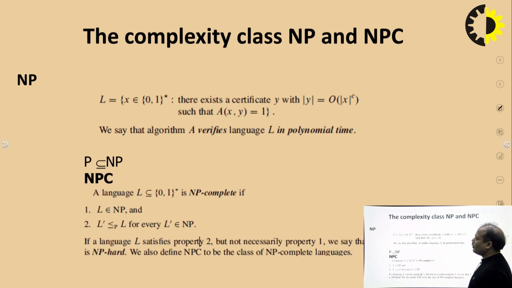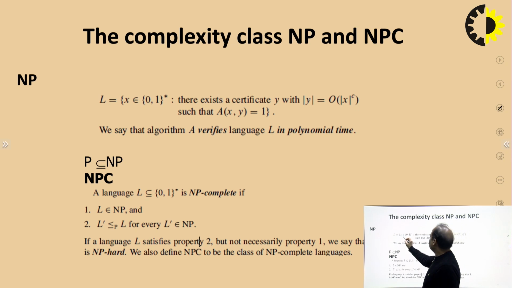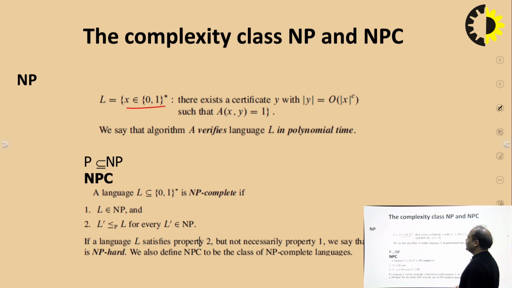So what is class NP? Class NP is like a concrete problem. Again, concrete means the input should be 0 and 1. If there exists a certificate, remember that the certificate should be available in polynomial time, just like you saw the vertices are given.